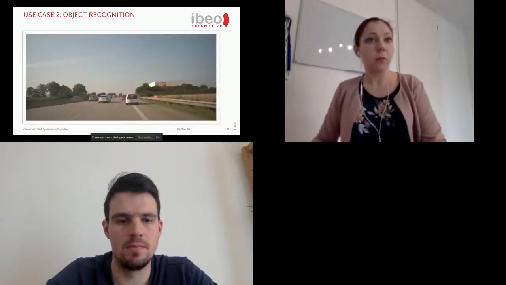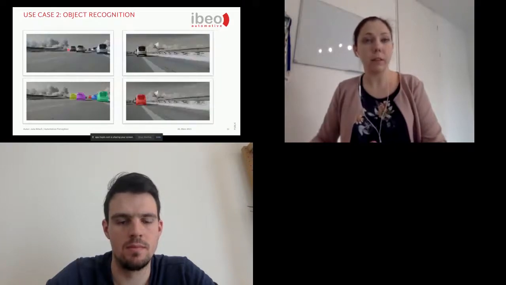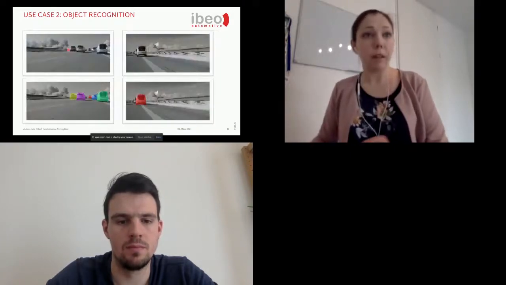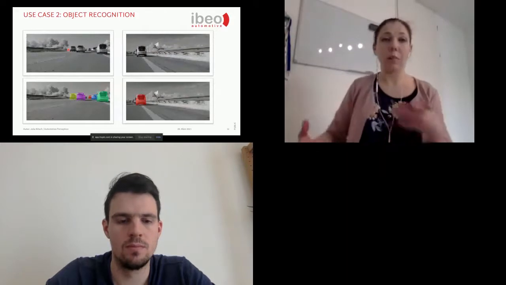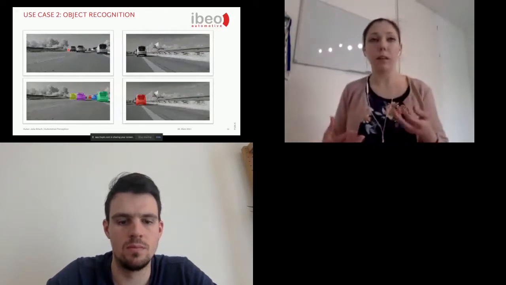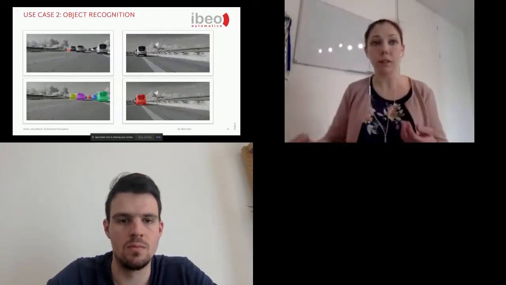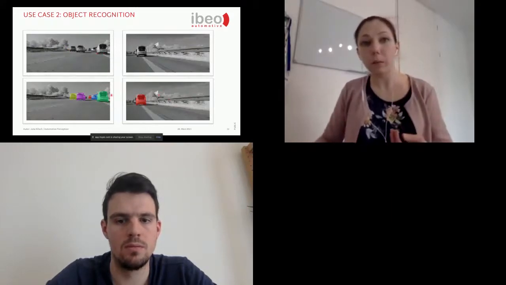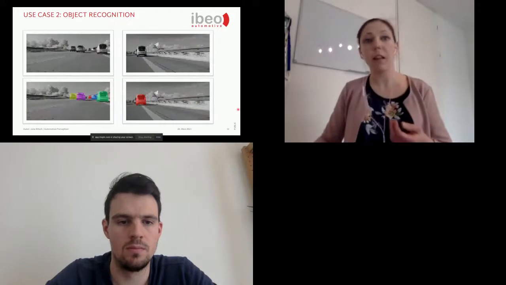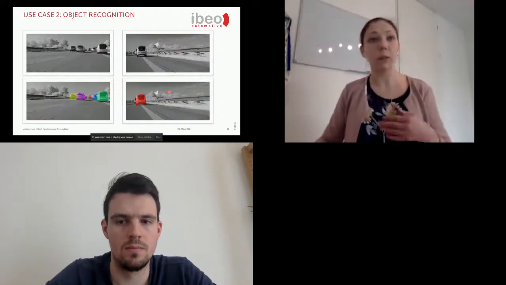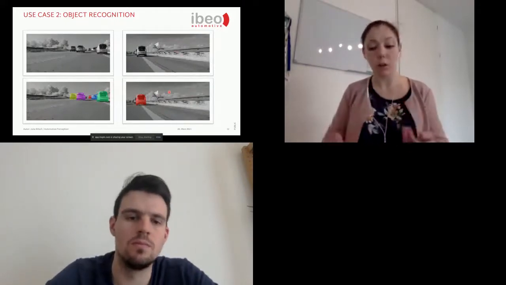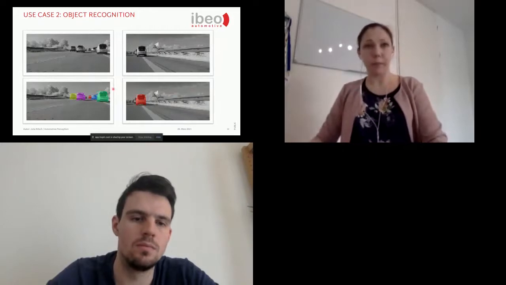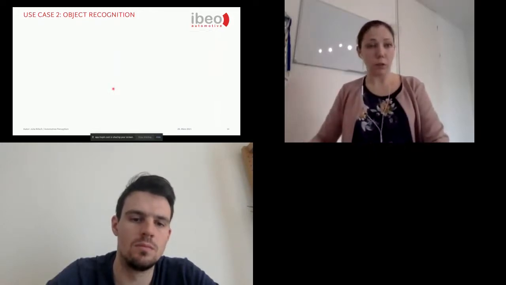What we can do is use this intensity image for object recognition, applying similar algorithms as on a traditional computer vision basis. So you can see we are using this intensity image, but are still able to detect the cars as they appear in this intensity image from the LiDAR point cloud. This is just for the object recognition.